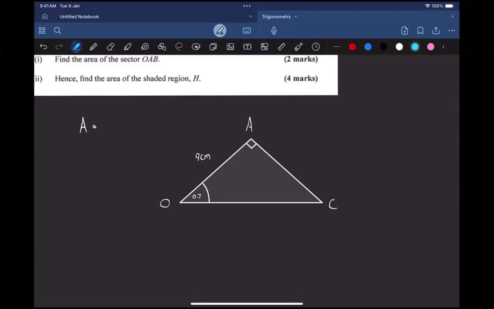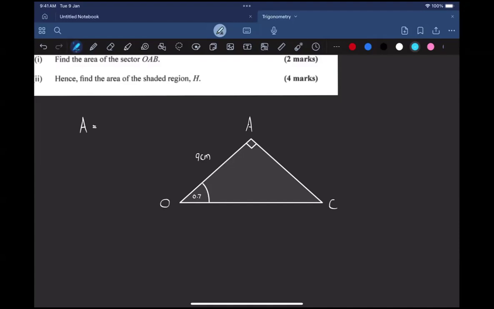Is it possible to find any other length? Anytime you have a right angle triangle, you have an angle inside. What can you use? Which one of the techniques could you use? Pythagoras theorem, trig ratios?